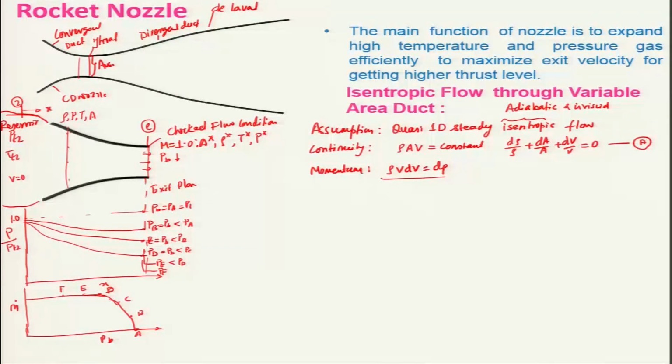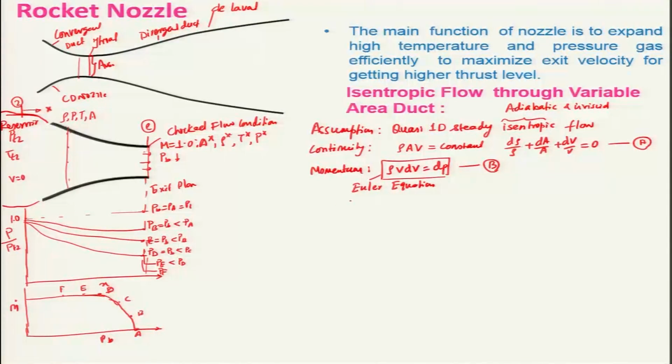This is known as the Euler equation. You might have studied it earlier. So, let us say this is equation B. We will be using equations B and A, and then trying to get a relationship between the area and velocity.